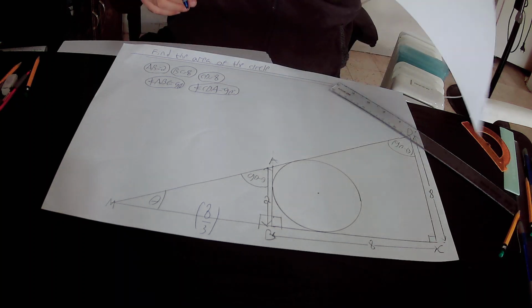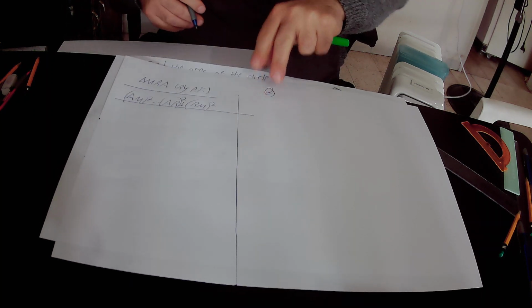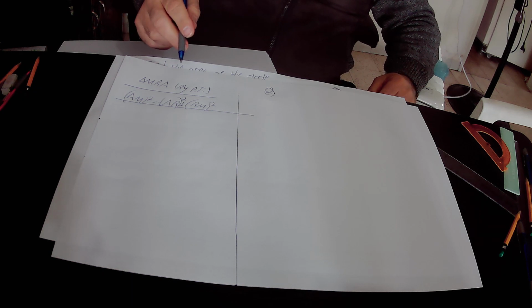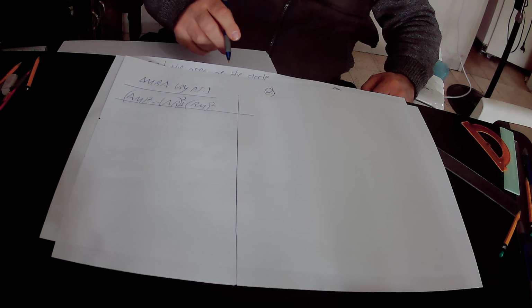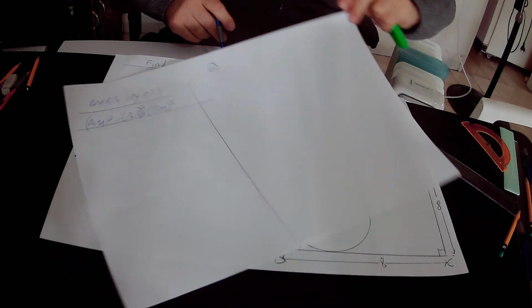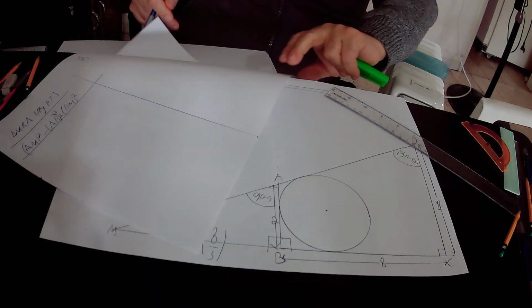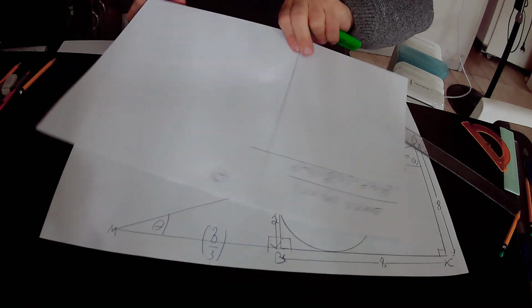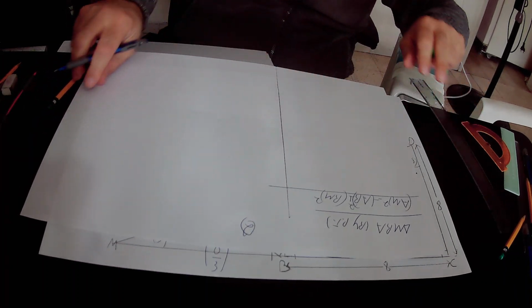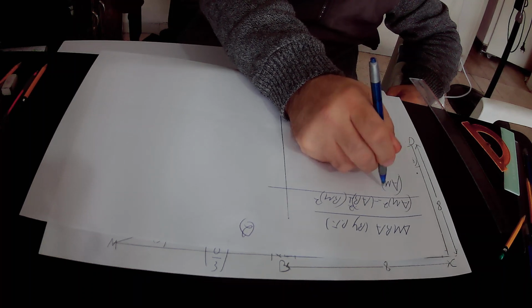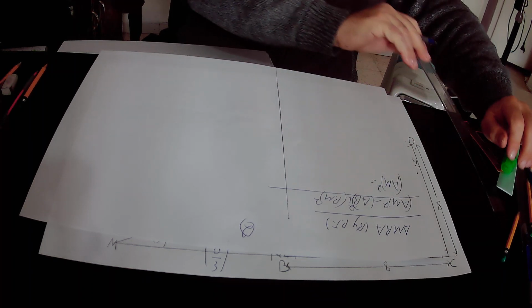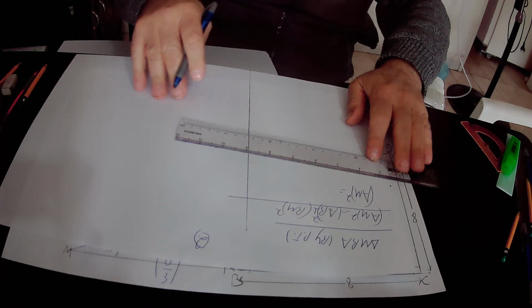According to the Pythagoras theorem, AM squared equals AB squared plus BM squared. Here PT is the abbreviation for Pythagoras theorem. So AM squared, that is the square of the hypotenuse, equals AB squared.